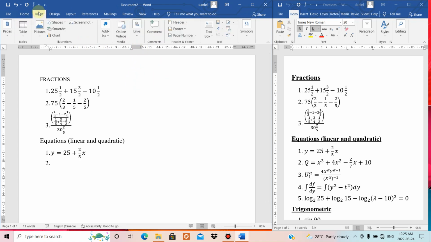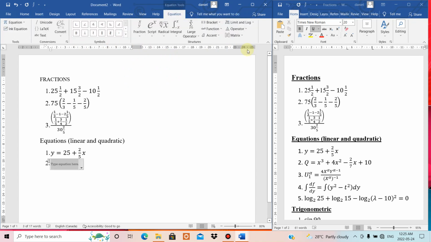So you navigate to insert symbols and equations. You click on that. So that's a capital Q equal. Now you have x cubed. So it has a superscript. So we are not going to use a fraction here now.